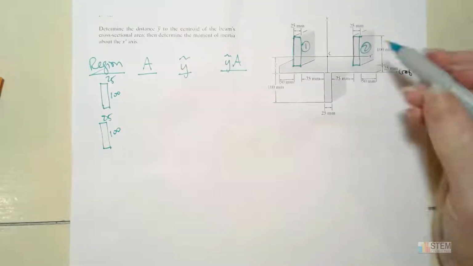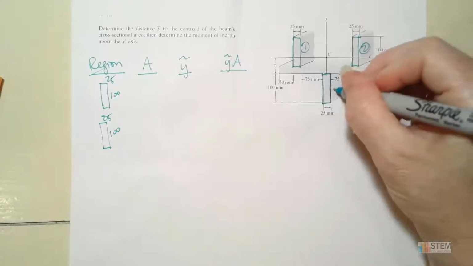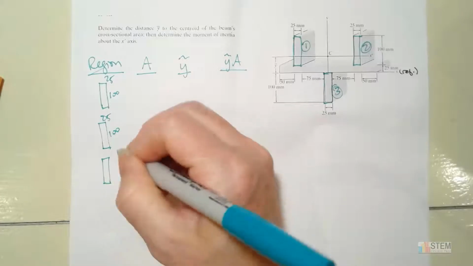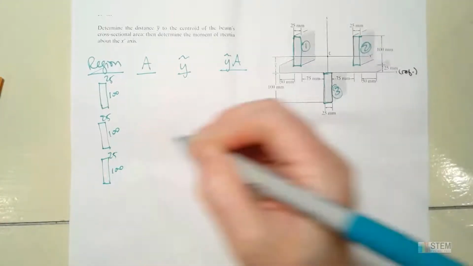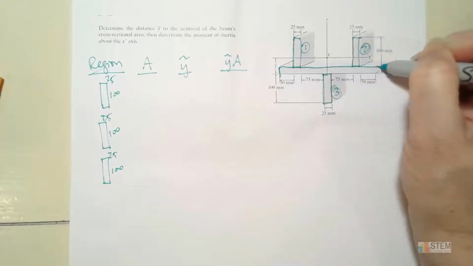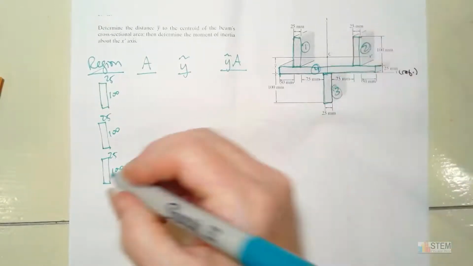And then let's jump down here. I'm going to do this one. That'll be region 3. And then finally, I did this one right here. So this one would be 4.